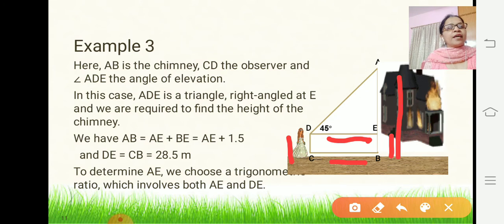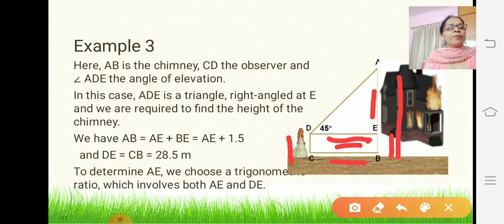So in this right angle triangle ADE, we need to choose a trigonometric ratio which involves both AE and DE, because DE you already know and AE is what you need to find out.